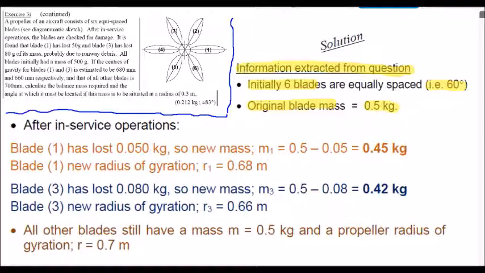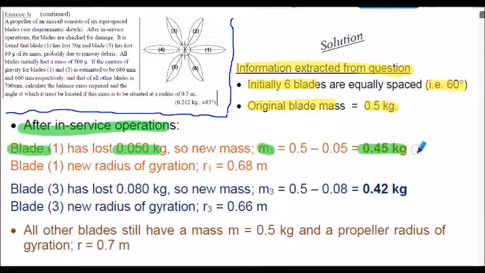Now, after the in-service operations that they've undertaken, we know that blade 1 has lost 50 grams or 0.05 kilograms. So the new mass for blade 1, I've called it M1 there, will simply be 0.5 minus 0.05, so 0.45 kilograms.